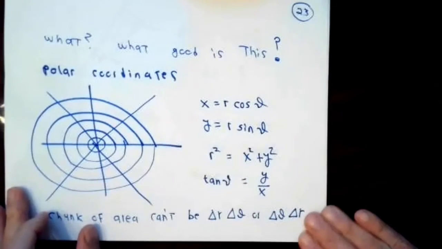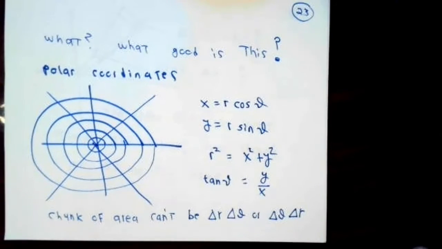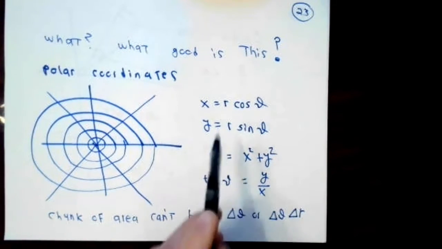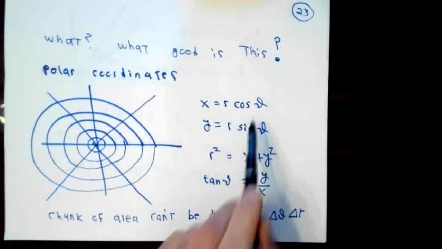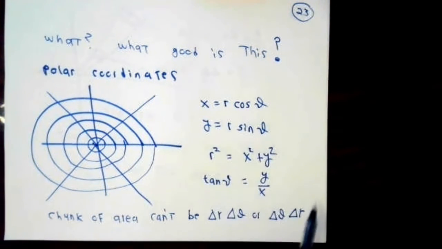So finally, we're starting to get somewhere now. Let's think about Cartesian coordinates x y versus polar coordinates r theta. X is r times cosine theta, y is r times sine theta. R squared is x squared plus y squared, and tangent of theta is y over x.